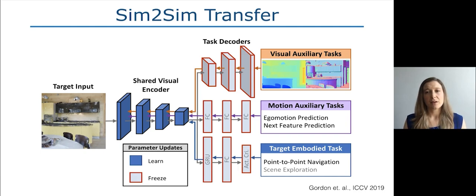And if we can really isolate the portion of the network that needs to be adapted in response to just a simulator change without a policy change, well, this will reduce the number of parameters that we need to update, which may allow us to adapt faster. So we freeze the task decoders and allow the losses to backprop through them without modification, and only providing modification to the network once it reaches the shared visual encoder.